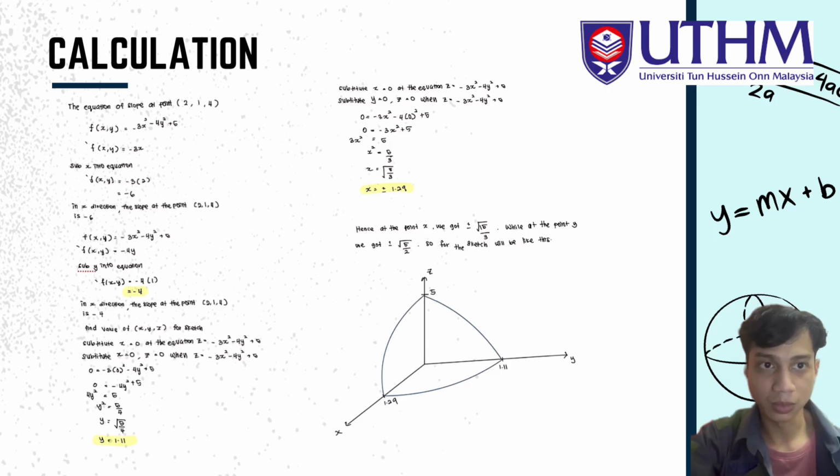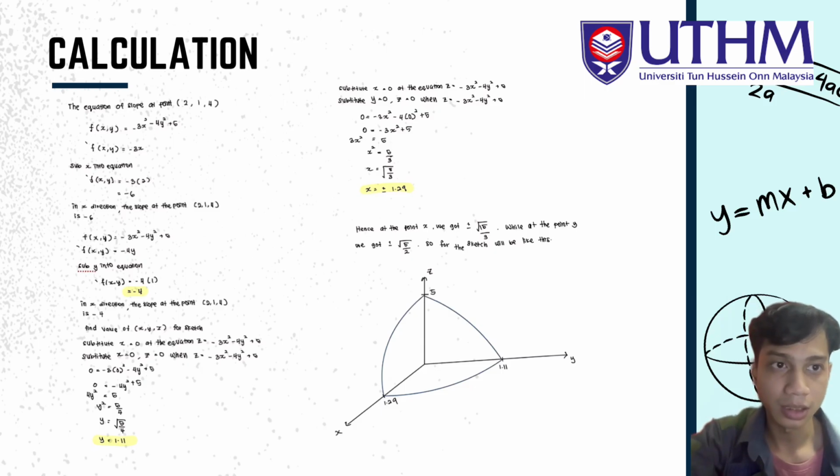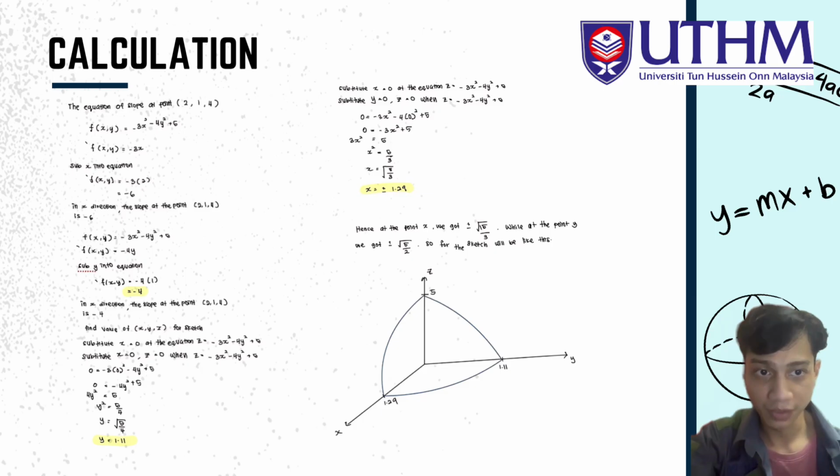To find the slope of the surface at this point, we calculate the partial derivative in the x direction, ∂f/∂x. The answer is 2 divided by √5. In the y direction, ∂f/∂y equals 1 divided by √5. Those two values represent the slope in the x and y directions at the specific point. Number 3, equation of the tangent plane.